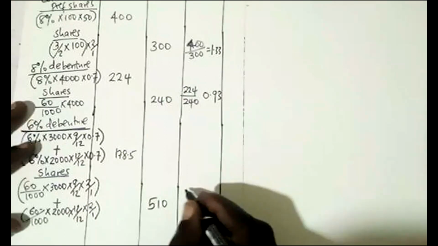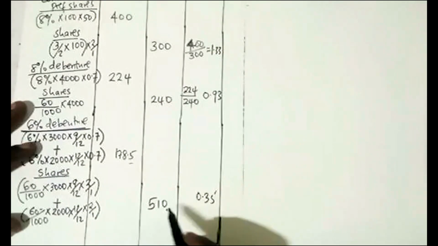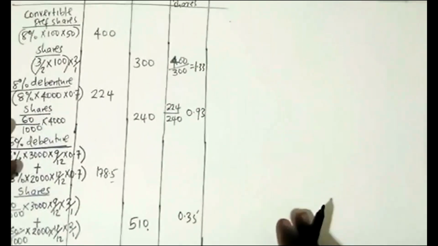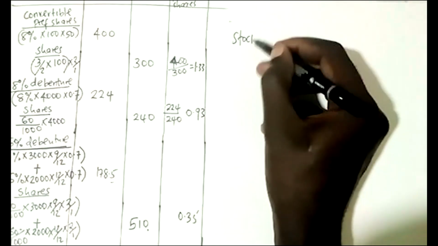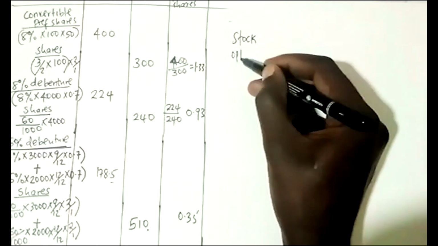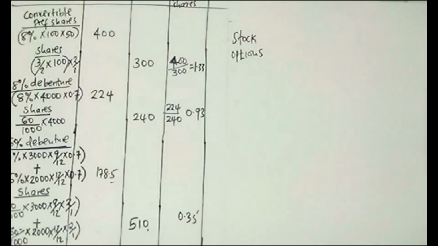So that is 0.35. So dividing this and this. Then we finish with stock options.